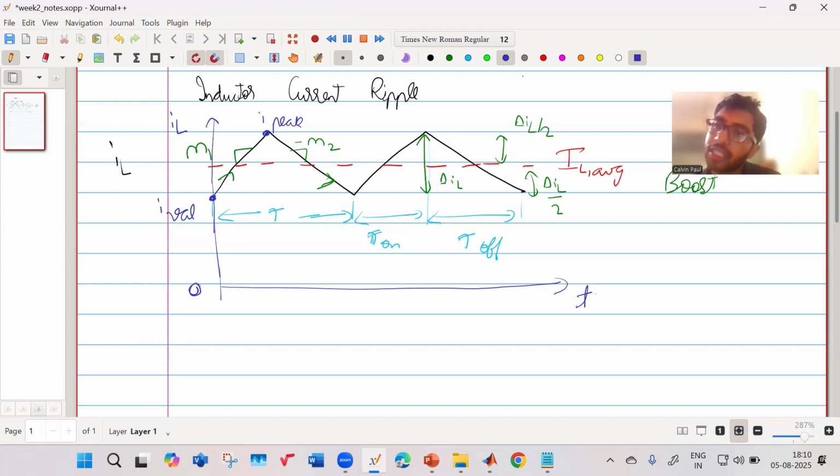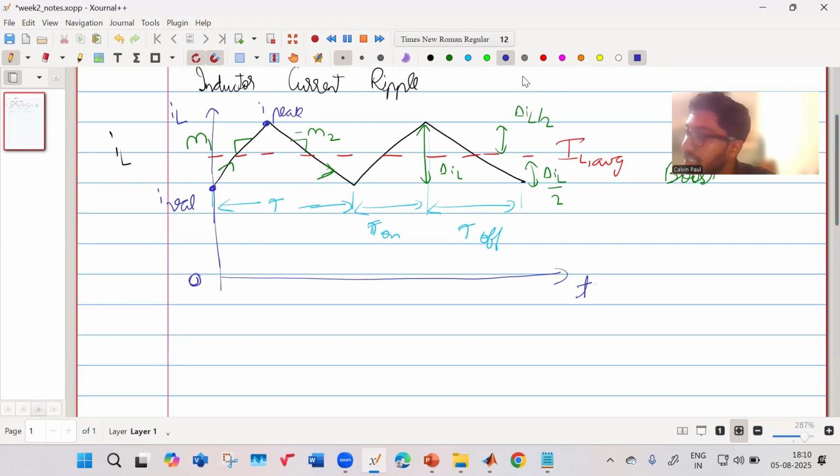This ripple is present and it is also required. If your ripple is too less, that means your inductance is very high. Your converter will work slowly. It cannot respond fast. We want the converter to respond fast, so we set the inductance value a little lower and the ripple will be more. So there are various trade-offs there. One more aspect sir told is the RMS.